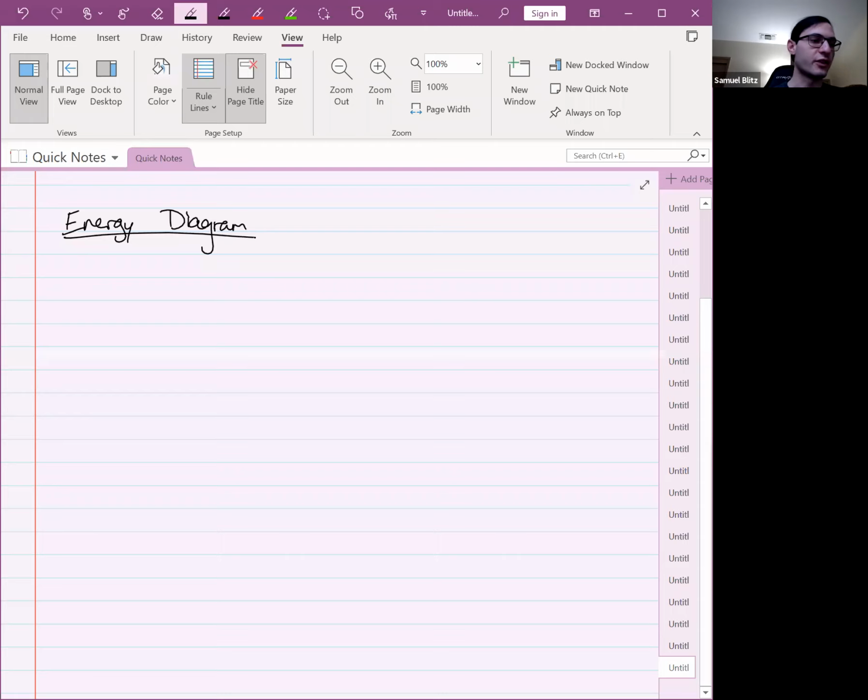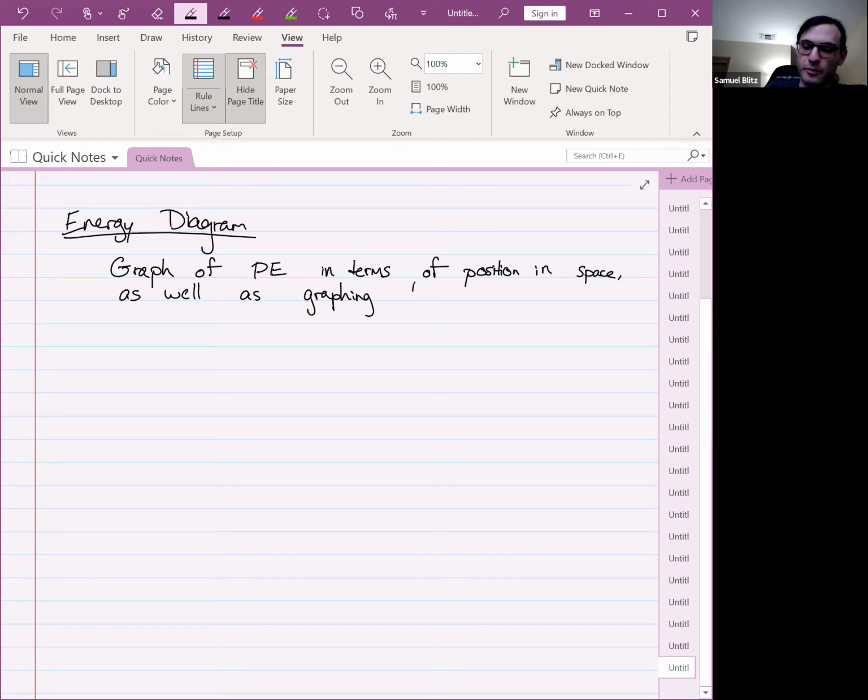So what an energy diagram is, it's a graph of the potential energy function in terms of position in space. So like, horizontal position, for example, as well as graphing the total energy of the system.